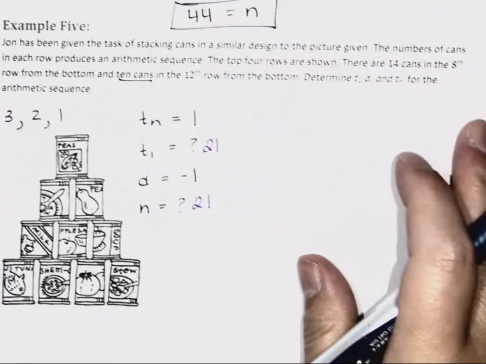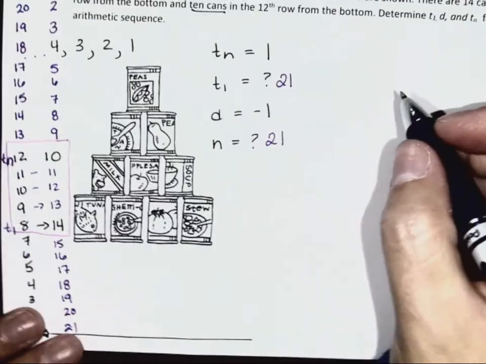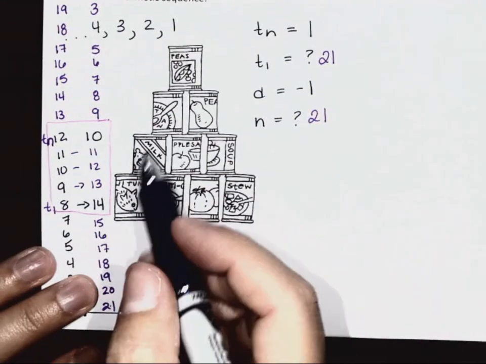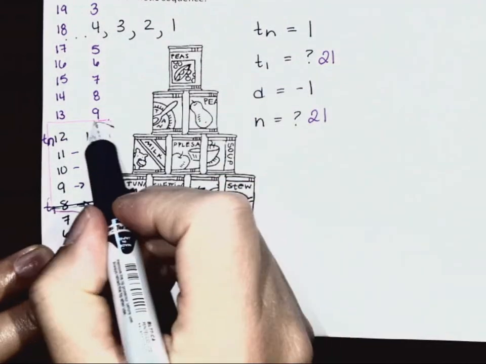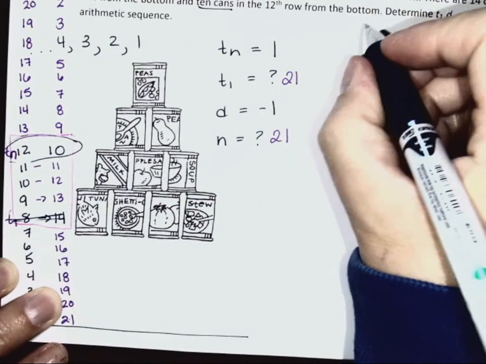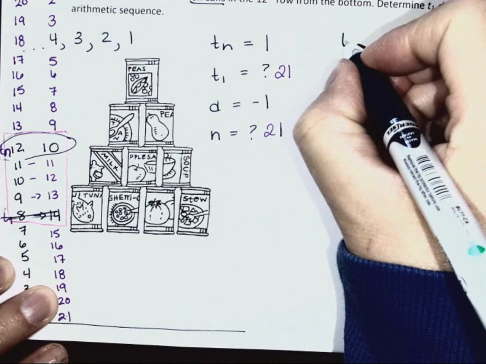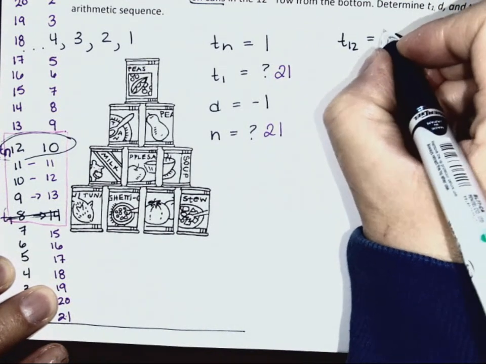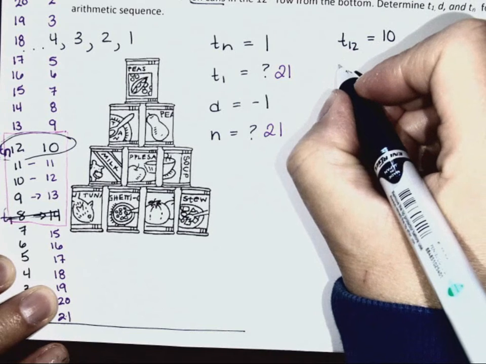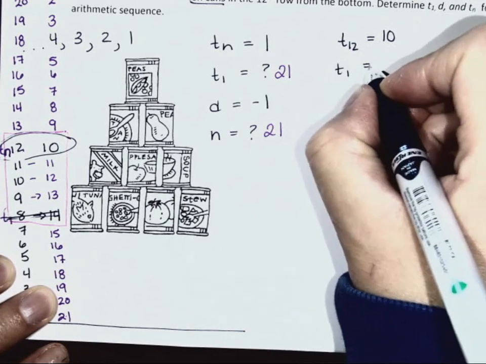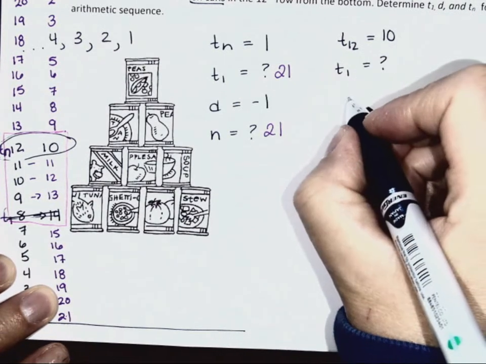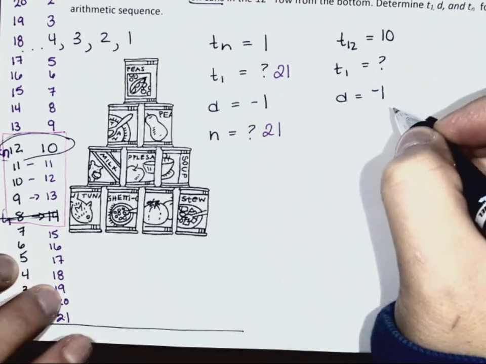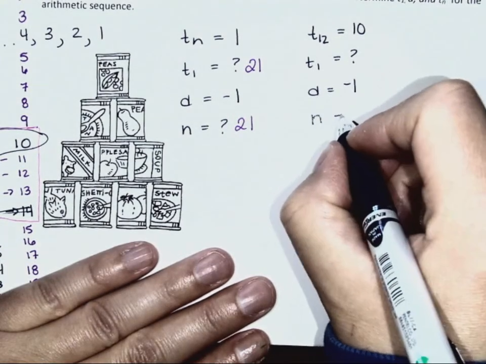Let's do it mathematically. Let's go back and use this information. It doesn't really matter which one. Let's do the 12th row. We know the 12th row is 10. We're still looking for T1, which is the question mark. We know that the common difference is -1, and n would be 12.